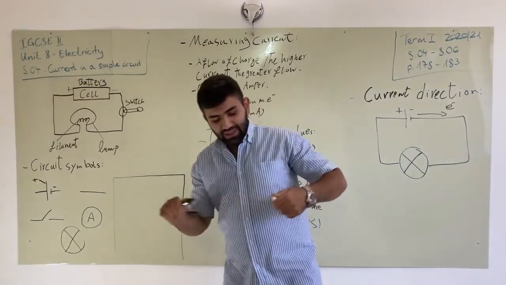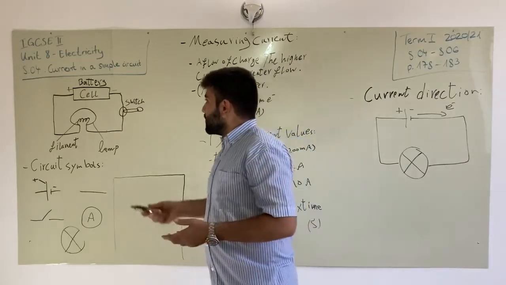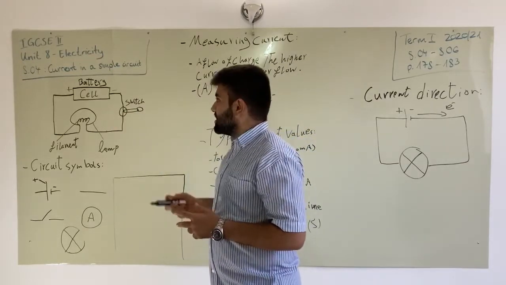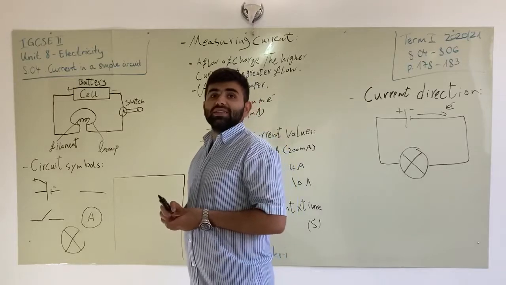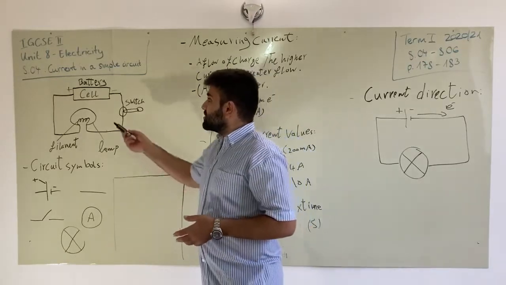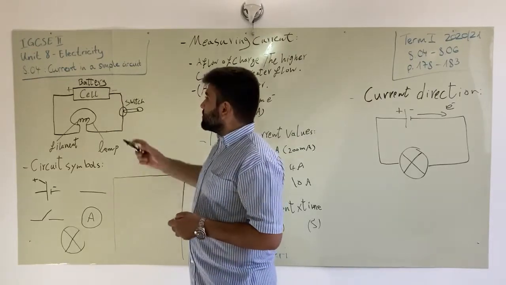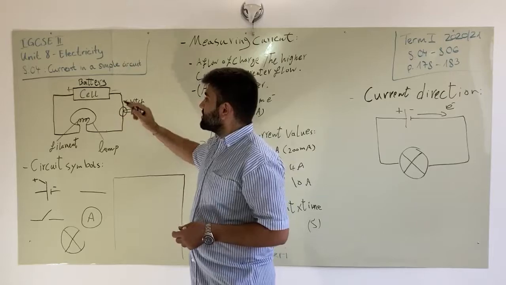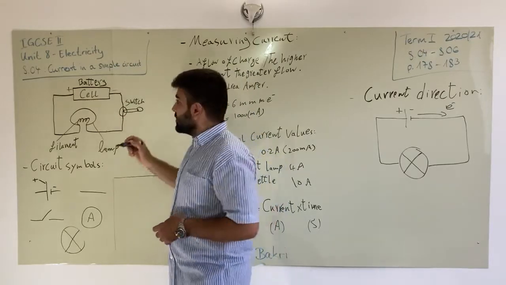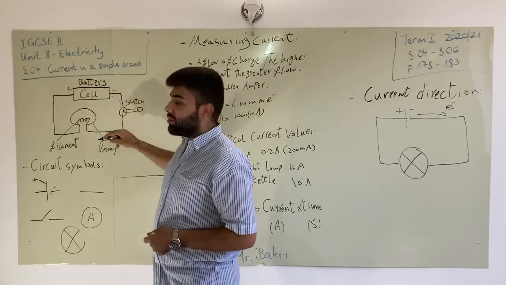So let's talk about what current in simple circuits is. For example, here we have a battery or a cell that gives us electrons. Because of the chemical interaction in the cell, the battery gives us electrons, and the electrons flow through the connecting wire.